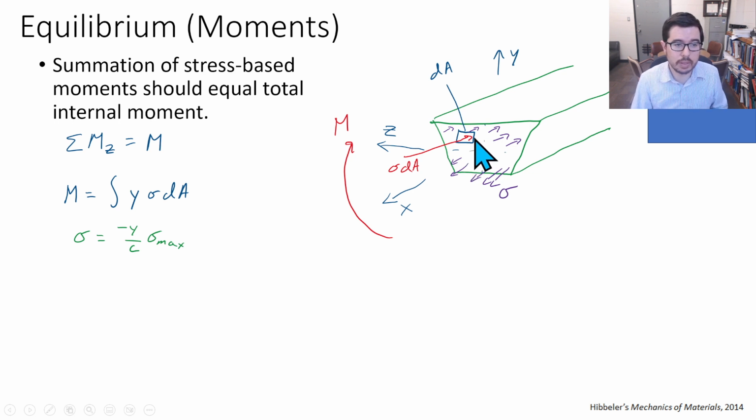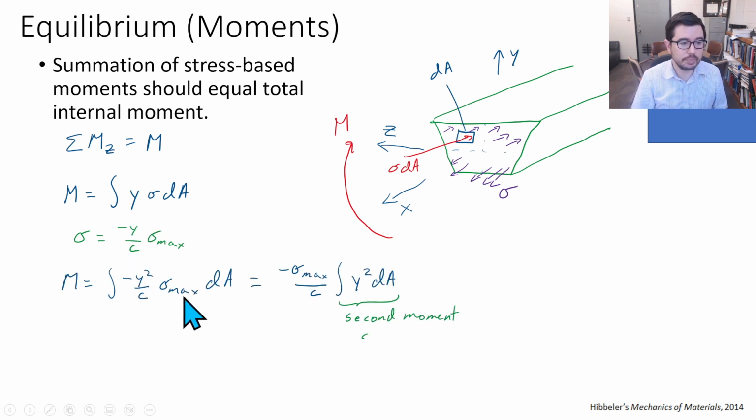In this case, if this is compressive going in at y, and this is z, this little element right here is going to contribute a positive moment, in the same direction as M. So we have this same expression that we derived previously, and we can plug this into our equation right here, and we get the following.